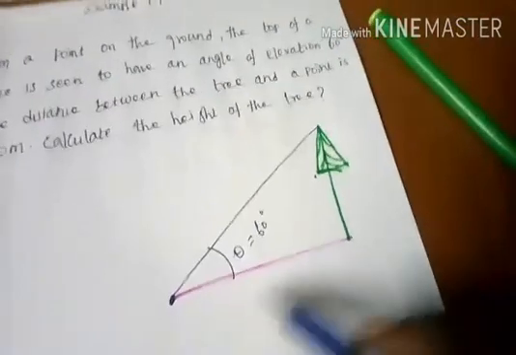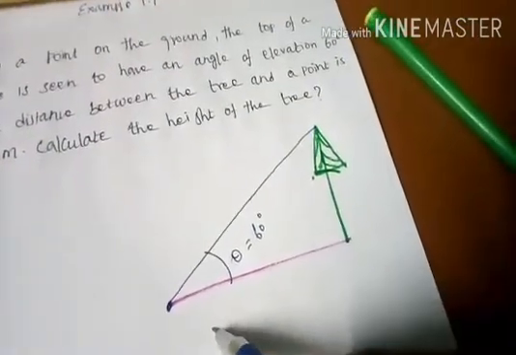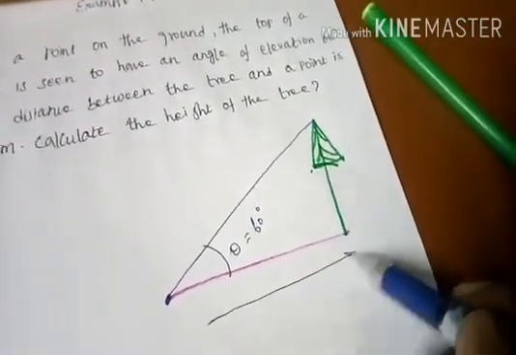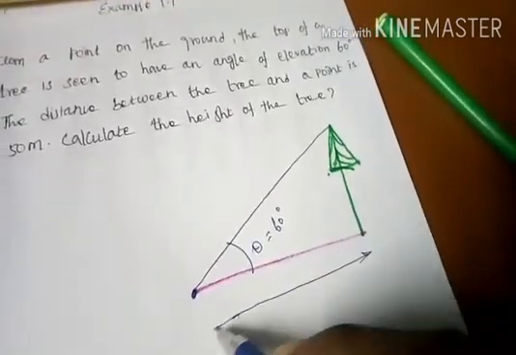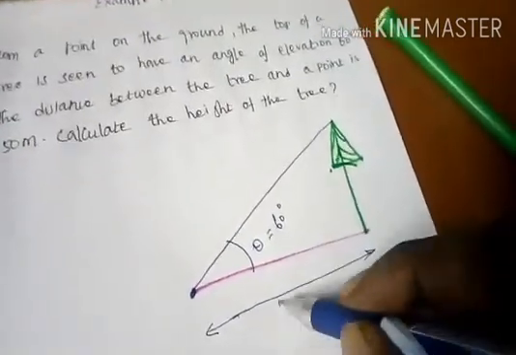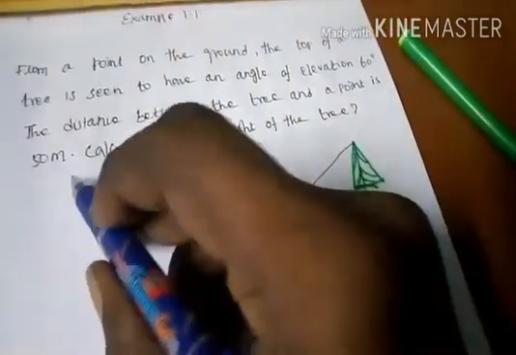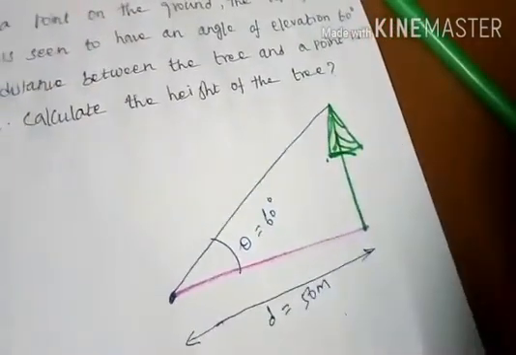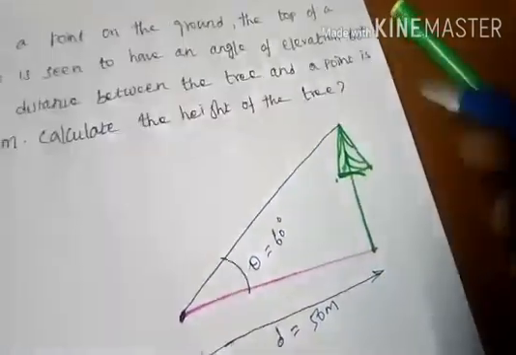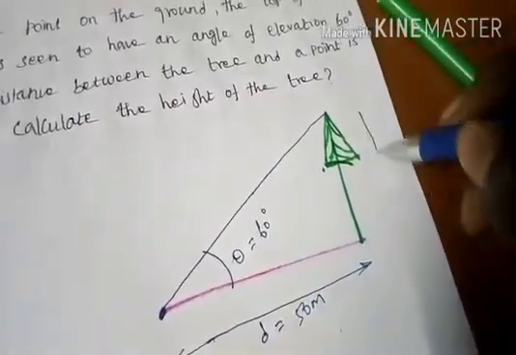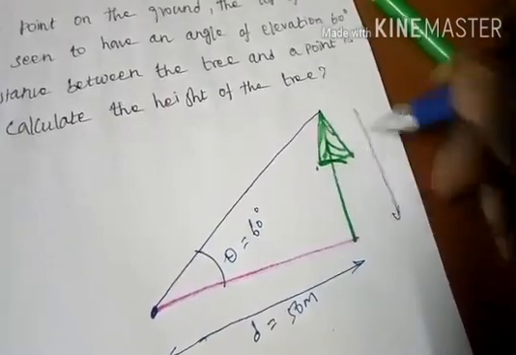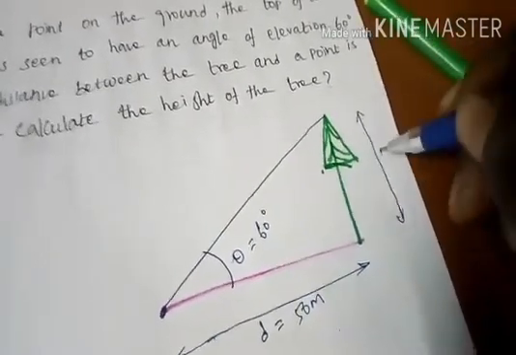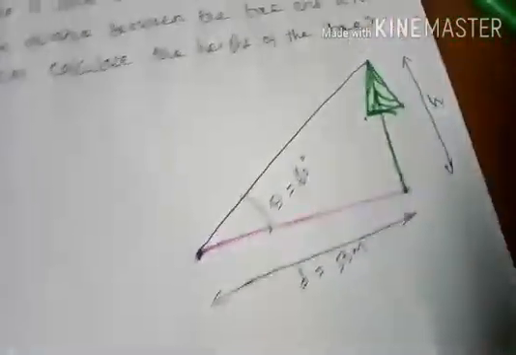Then the distance between the tree and point is d equal to 50 meter. Then calculate the height of the tree. This is the height of the tree, that is indicated H.